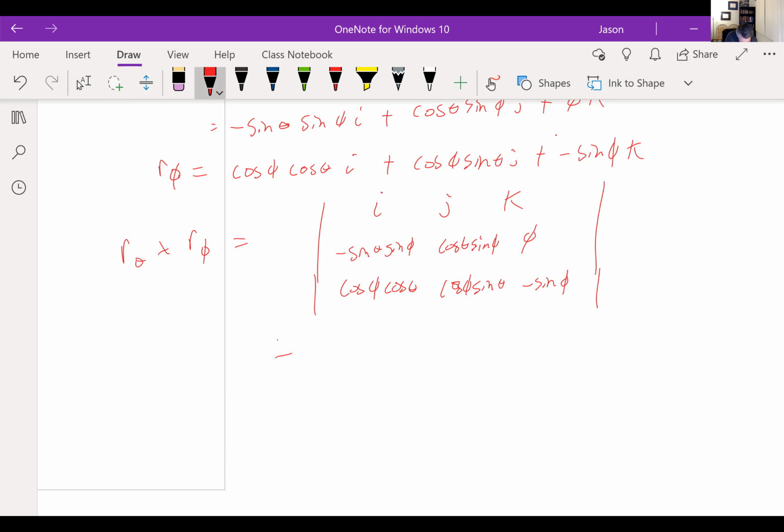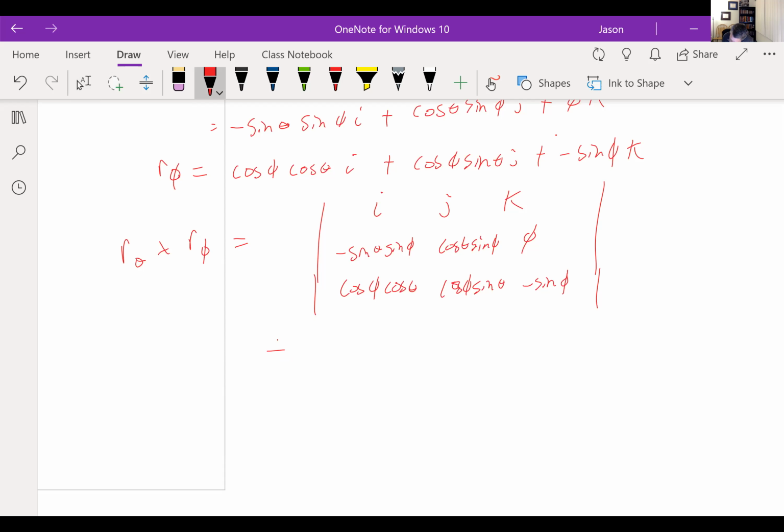I'm missing a negative somewhere. Well, whatever. So cross off row and column, and we get this determinant.